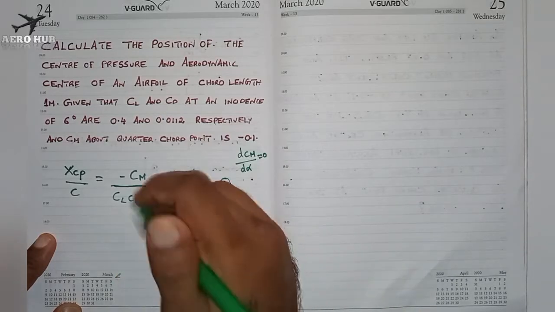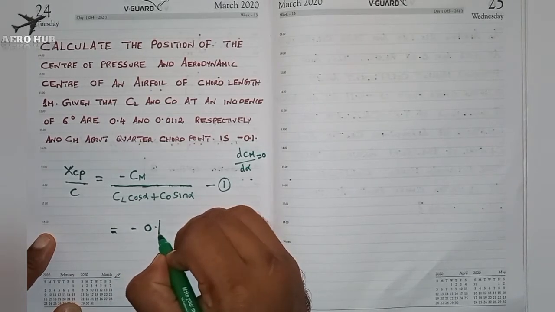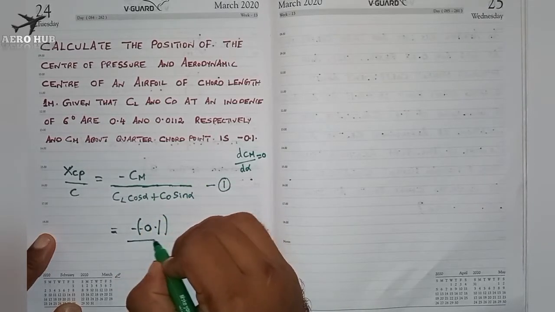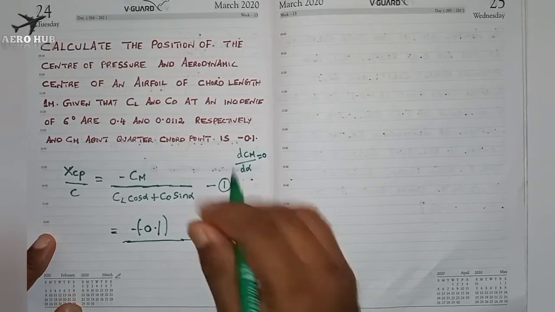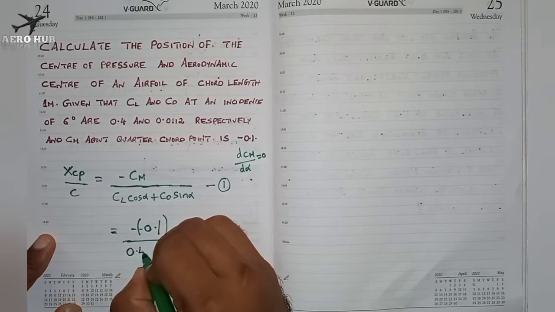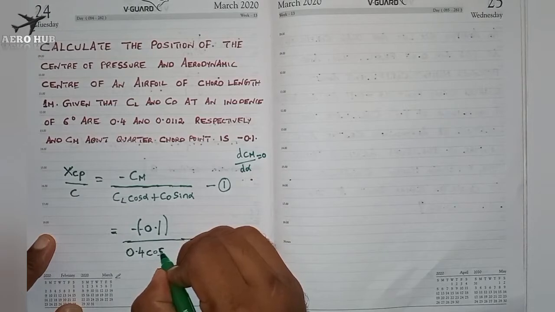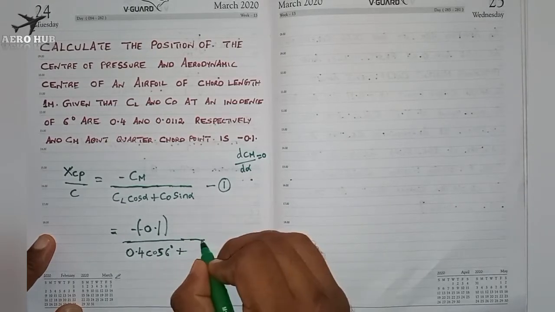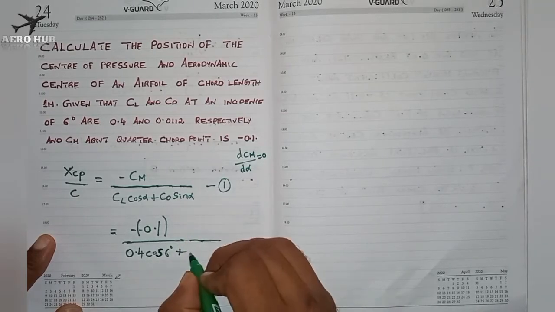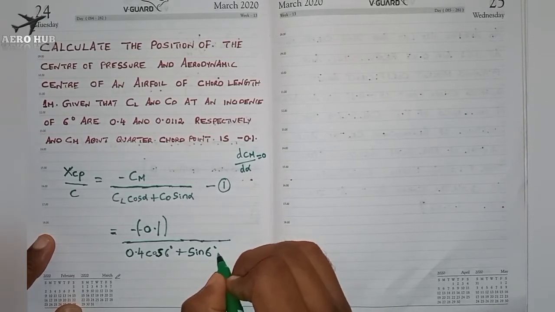Okay, so we have the value of Cm, that is minus 0.1, and we have a minus for this also. The minus of minus 0.1 will be plus, and the value of Cl is 0.4 cos angle of attack is 6 degree, plus, this is not 5, it is 6 degree cos, then sin 6 degree into CD.